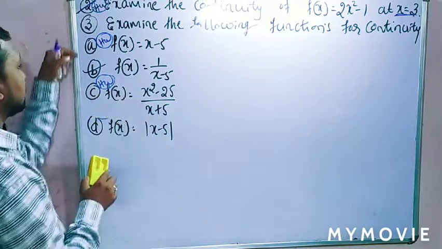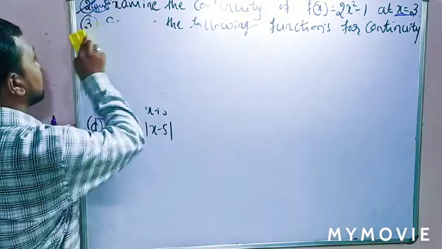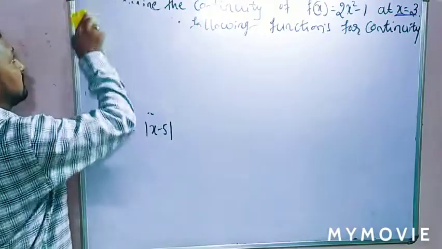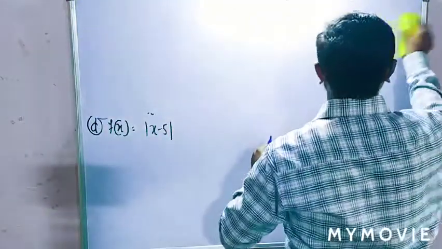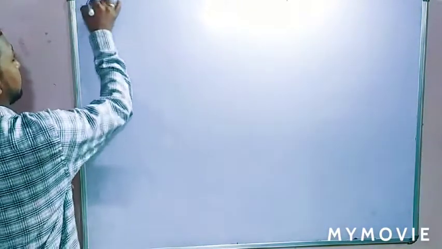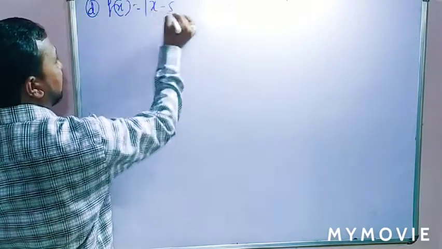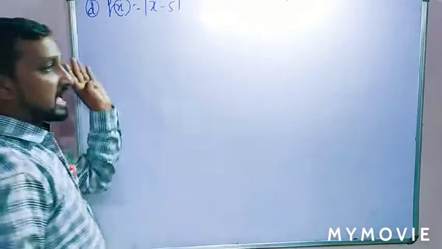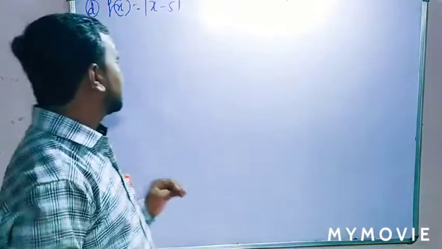Okay. So options A, B, C are over, then only D is left. This is a very big example. So here in D, what is our function? D: f of x is equal to mod of x minus 5. Mod is nothing but having positive values as well as negative values.